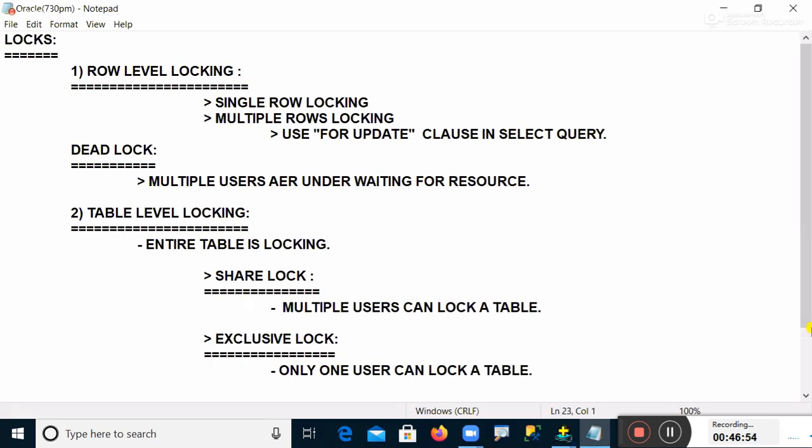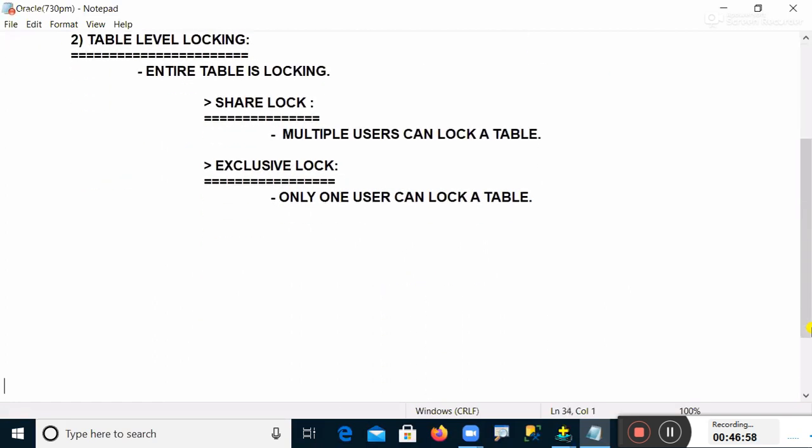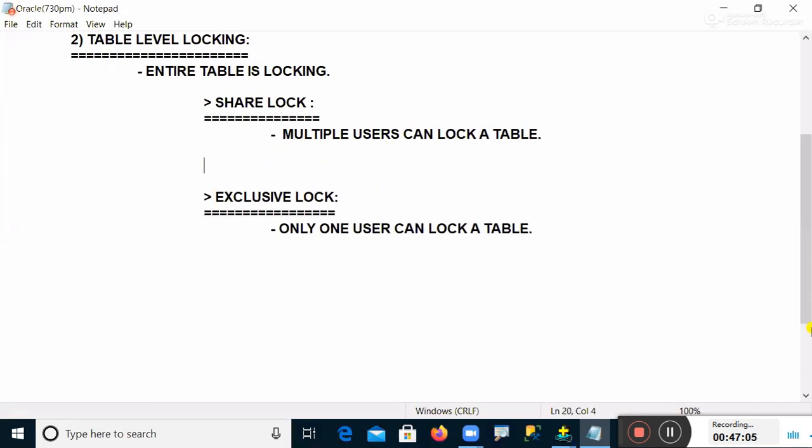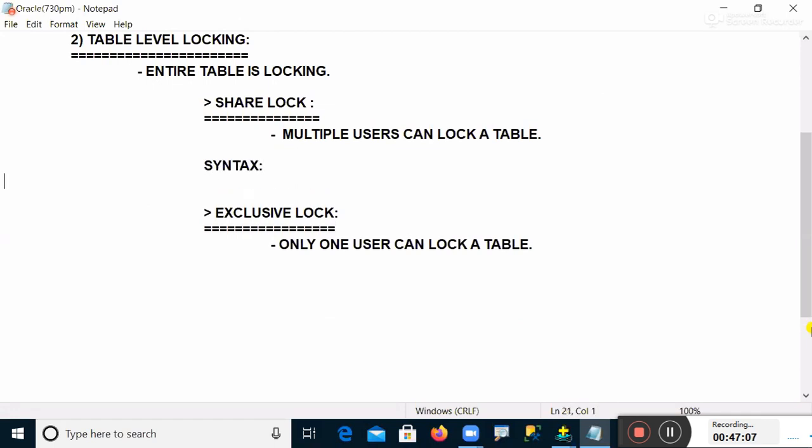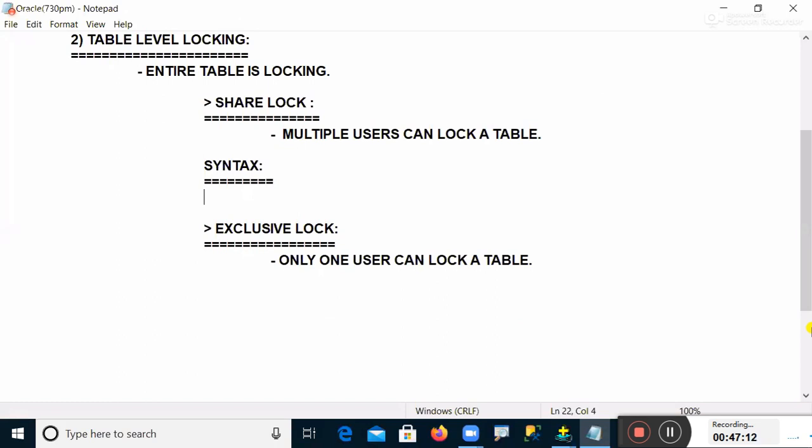Multiple users cannot lock it. Now let's see it practically so you can understand. What is the syntax of share lock? The syntax is: lock table table name in share mode.